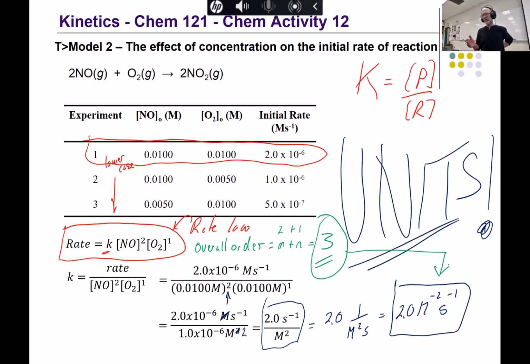And you'll see that there's only so many possible permutations. Really, most reactions don't go beyond overall order 3. Often we'll have overall order 1 or 2 or 3. And so connected to that are a set of units. And so I'll show you some charts later on, but that molar to the -2, second to the -1, that's very consistent with overall order 3.